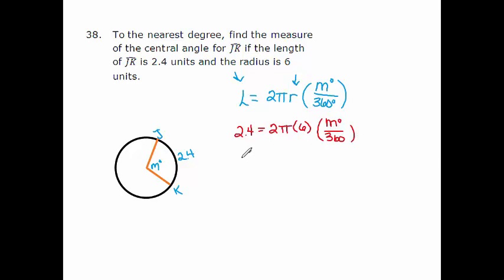So I'm going to simplify that real quick. 2.4 equals 12 pi times m over 360. Okay, and there's a couple of steps you could do next. Let's just go ahead and divide both sides by 12 pi.